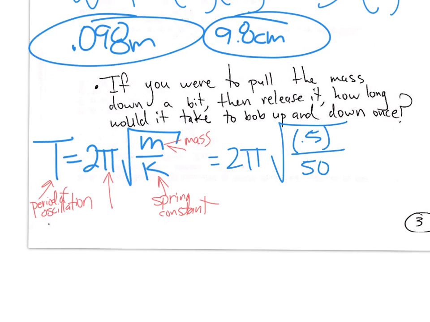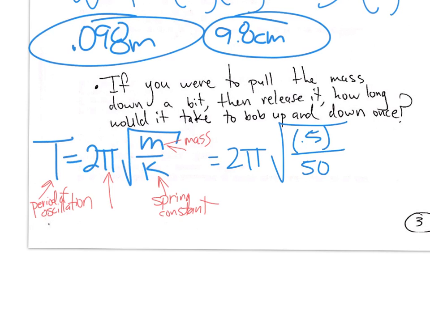So 2 pi times square root of 0.5 over 50. I'm using Desmos on the computer.